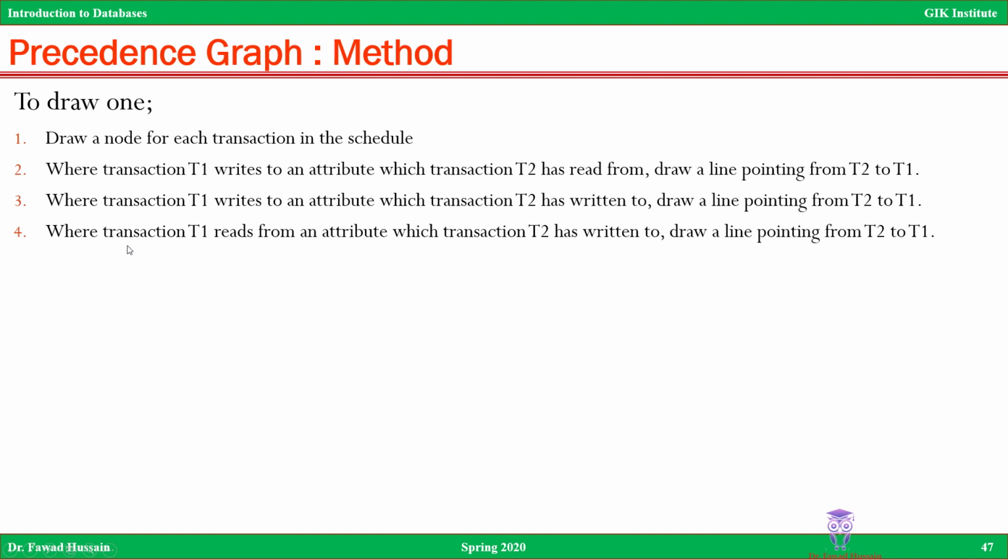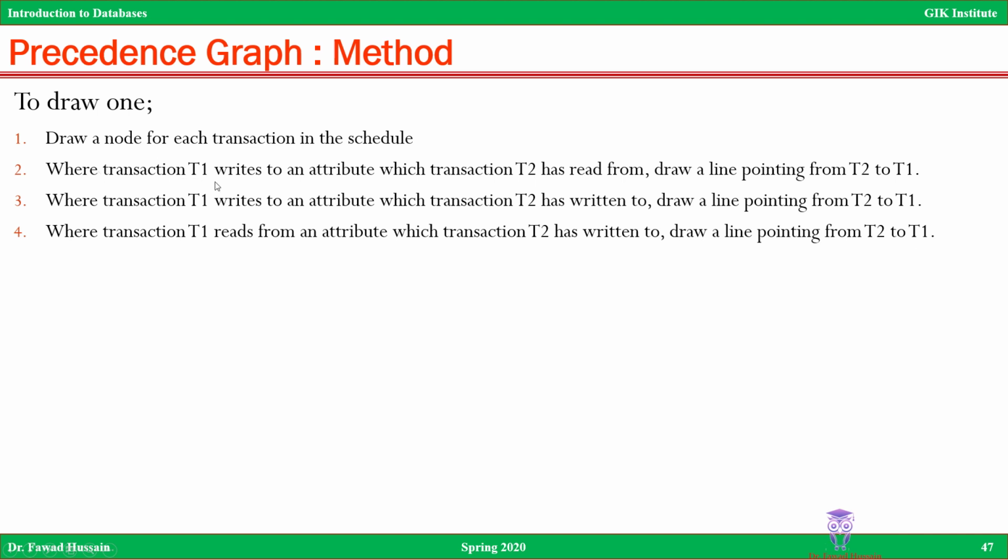To look at how this works, to draw a graph, we draw a node for each transaction in the schedule. So we are going to form different nodes. Where transaction T1 writes to an attribute which transaction T2 has read from, draw a line pointing from T2 to T1.